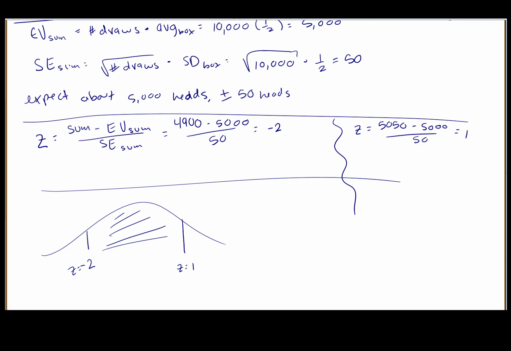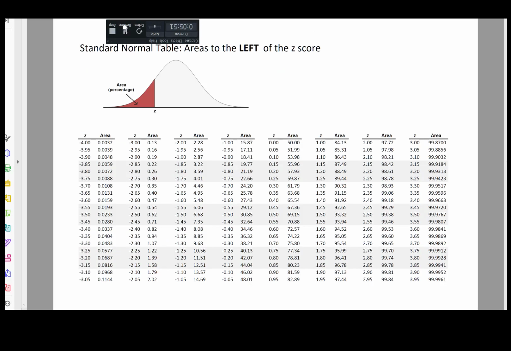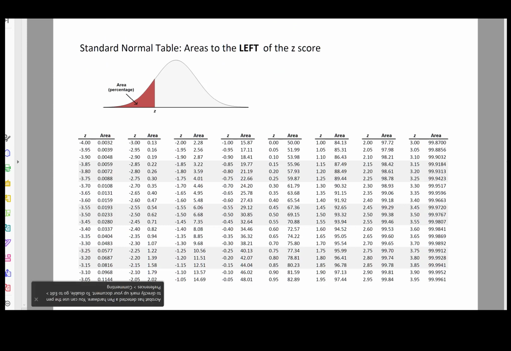The area in between is tricky to find on our normal table. So we're going to pull up the normal table and look for z equals negative 2. It gives me an area of 2.28%, but that's the area from it over to the left.